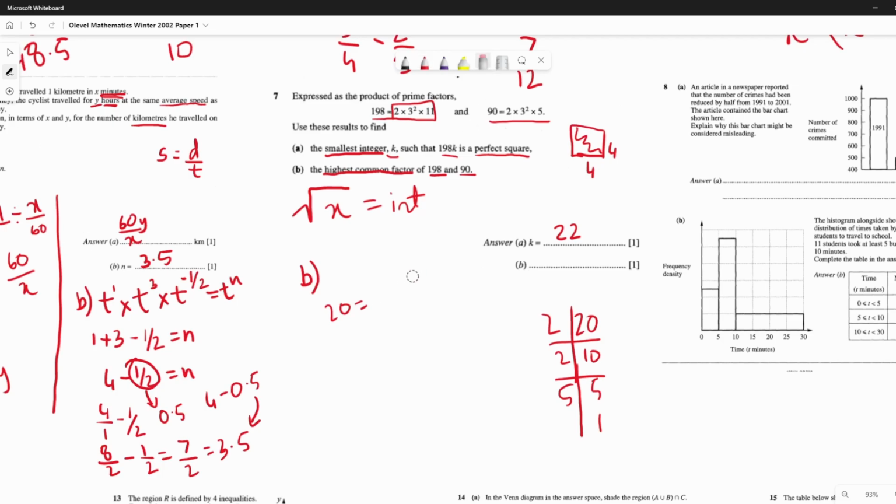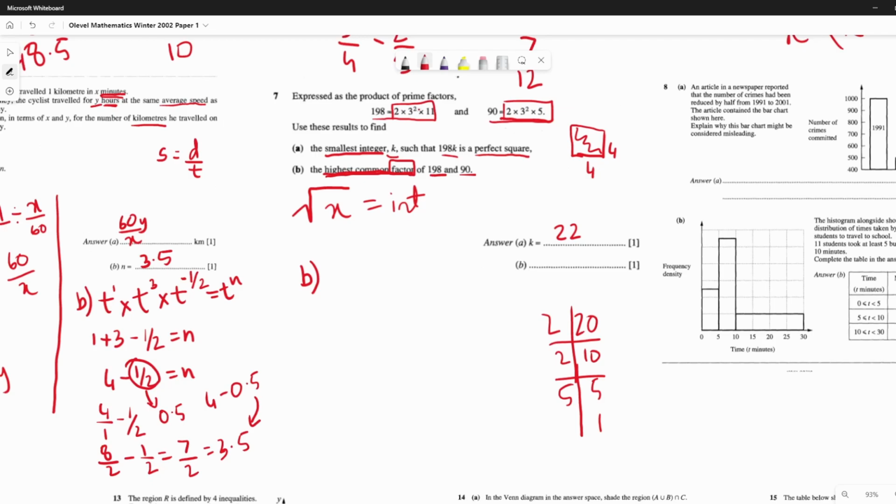So every number can be expressed as a multiplication of its prime factors and also as a multiplication of its factors. What we want to find is the highest common factor, not necessarily the highest common prime factor. And we have both of these numbers expressed as a multiplication of their prime factors.